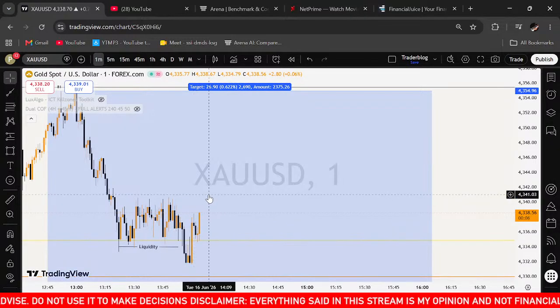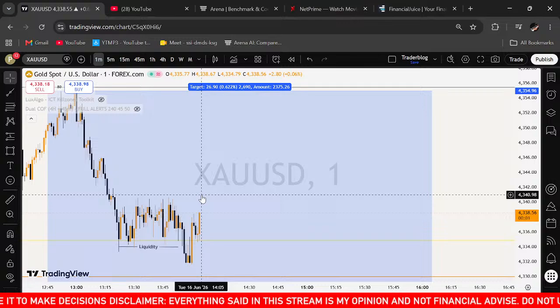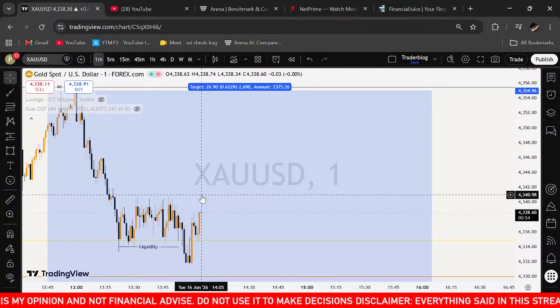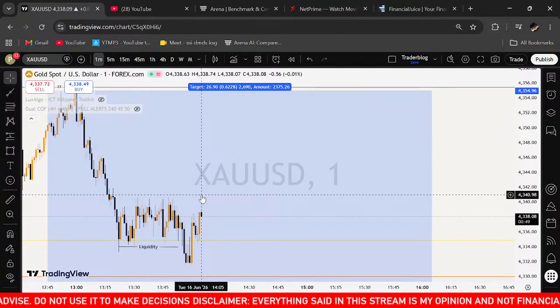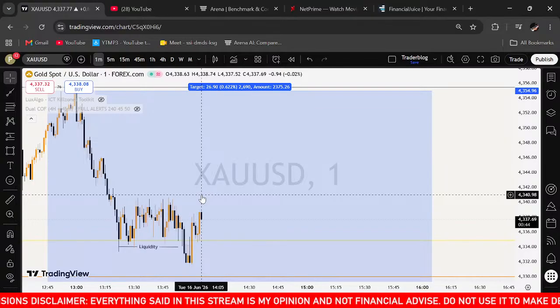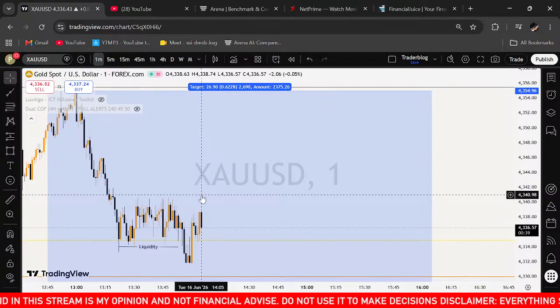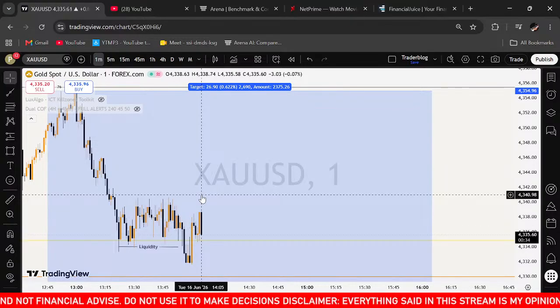If you break past this point, then I think we need to look for another entry to join the bull run on gold. 4,342.